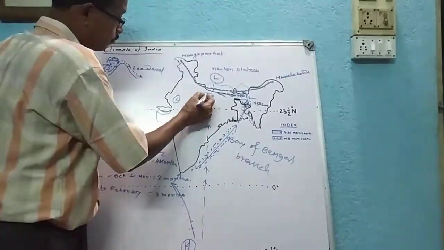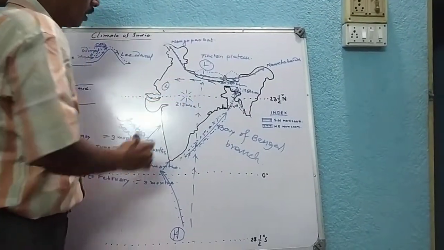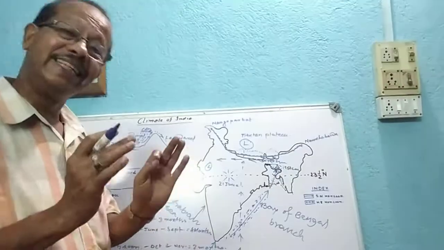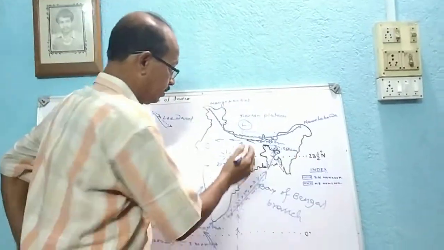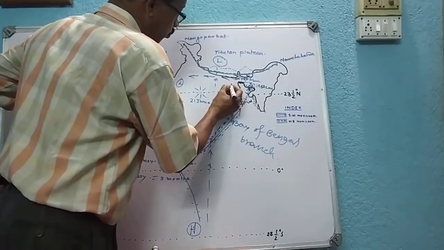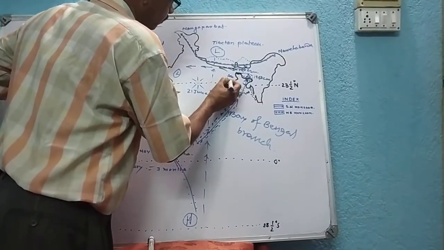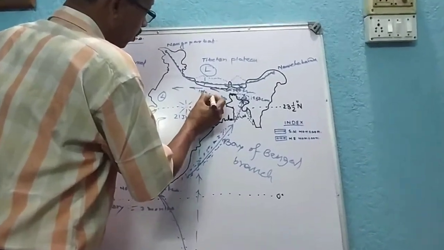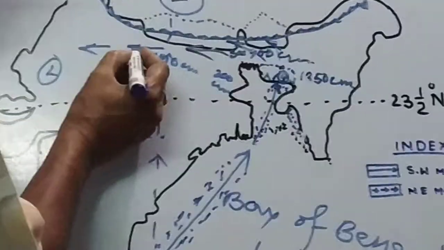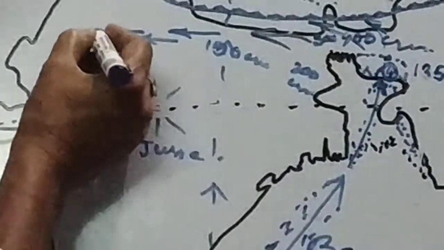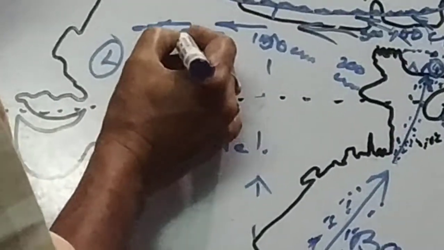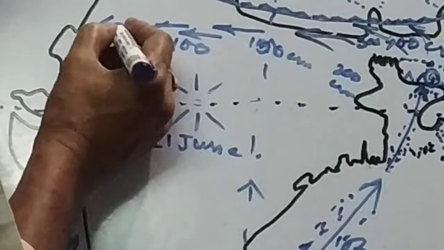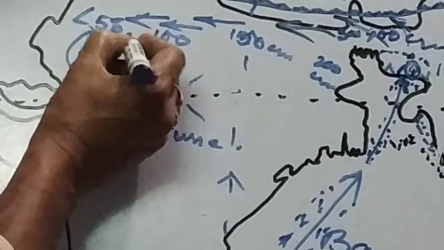Wherever this wind blows towards the west, it causes rainfall and gradually the amount of rainfall decreases. In this way, in West Bengal, 200 centimeter rainfall, 150 centimeter rainfall in UP and Bihar. When it reaches further towards the west, there is 100 centimeter rainfall, and in Rajasthan, less than 50 centimeter rainfall.